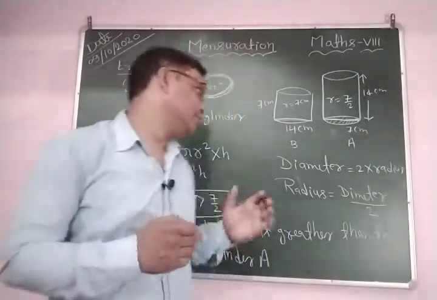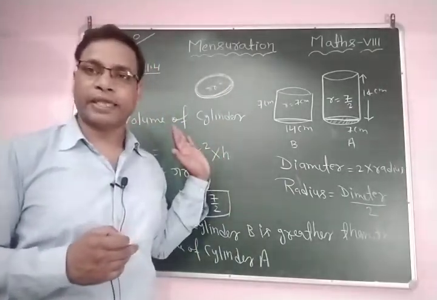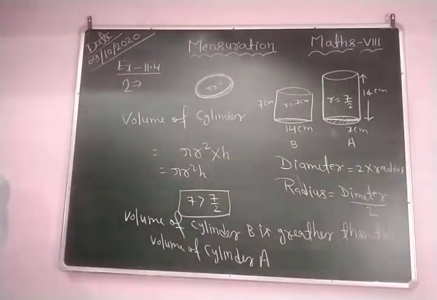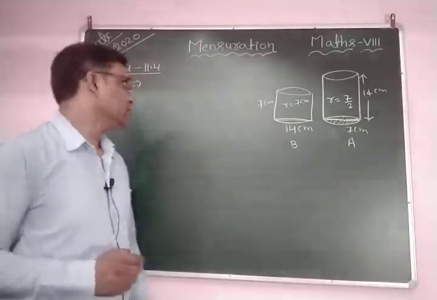Now we are going to find the volume using this formula, pi r square into h. So let's see how to find it.